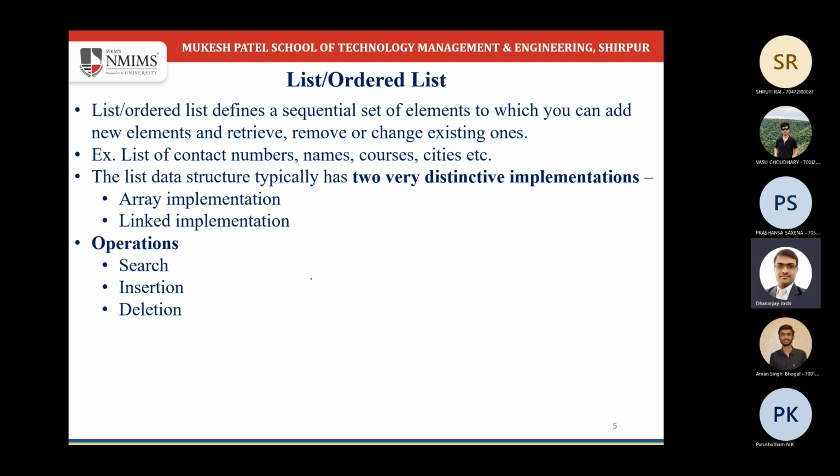So by elements of the same data type, what do we mean? Not only those built-in data types like integers, characters, or floats. Suppose we talk about your attendance sheet. It includes your student ID, roll number, and name.